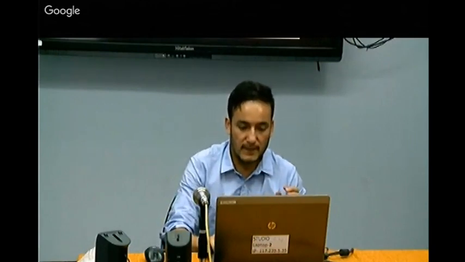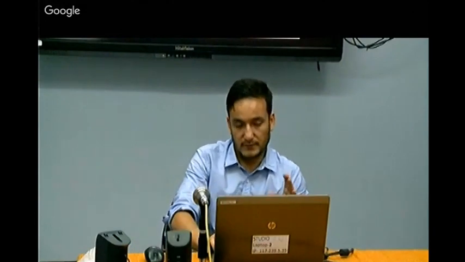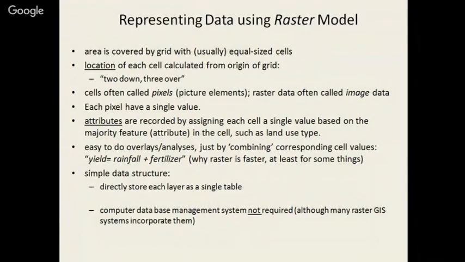When we talk about the location in a grid, it's calculated from the top left corner of the image, or whatever form the data is in. Cells are often called pixels, the picture elements, which carry the attribute data, and the value represents the attribute data.